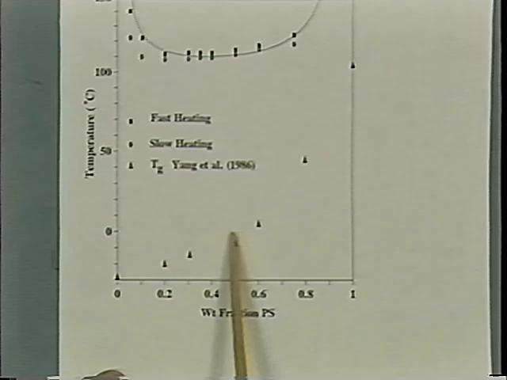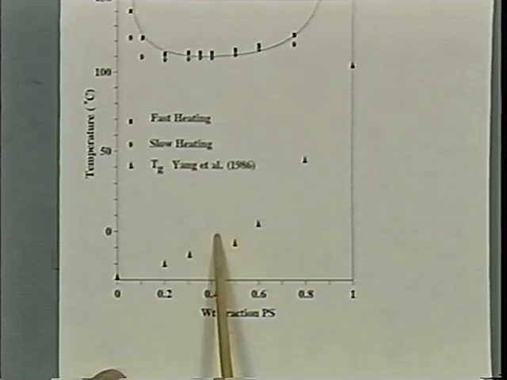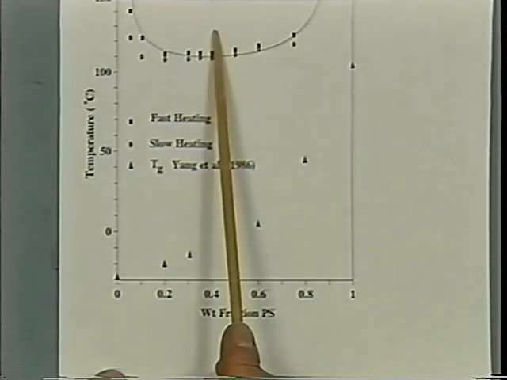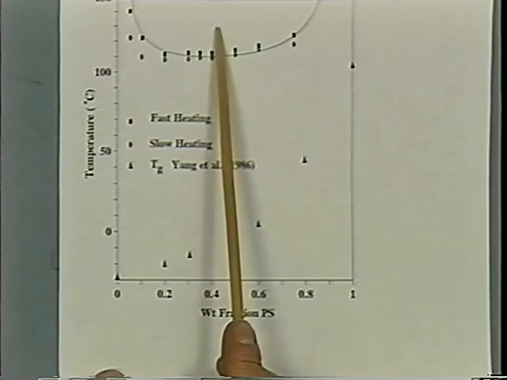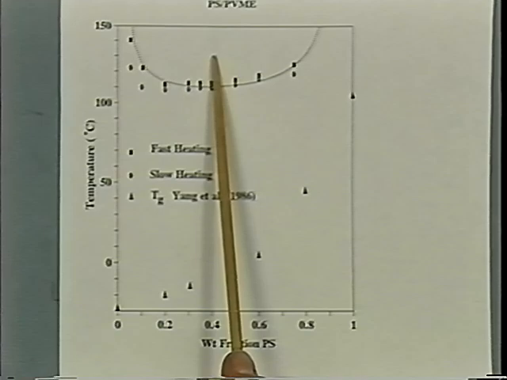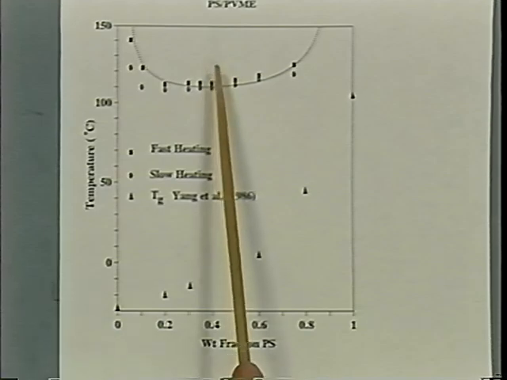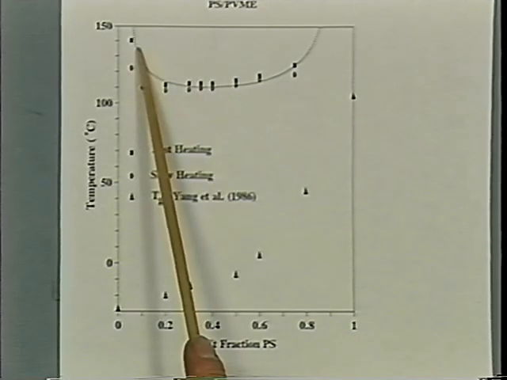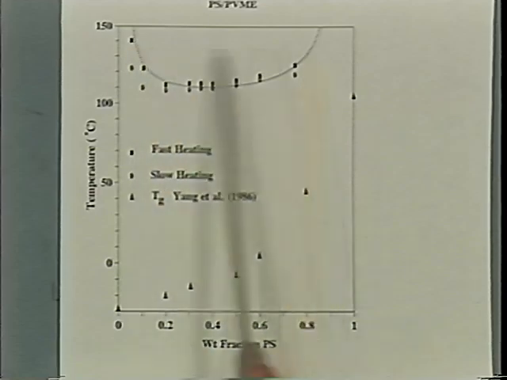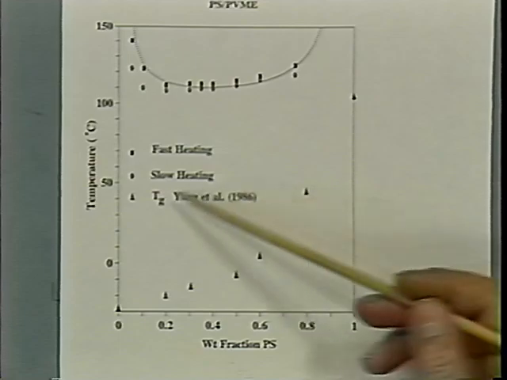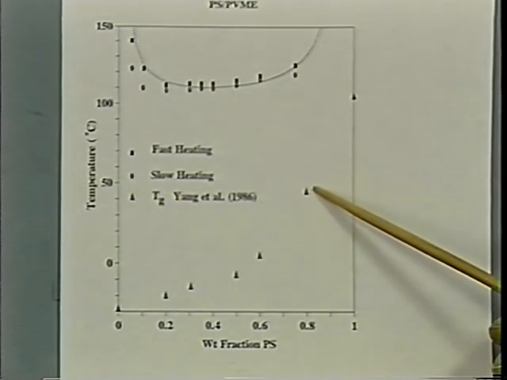This is 0 degrees, so the glass transition temperature is fairly low for most of the samples. However, if you go into the two-phase region, if you quench and go to a higher temperature, quenching is normally associated with going to a low temperature, but let's call this also quenching because we are moving into a region where we are phase separating, going deep into that, and then you separate this material into two components, and one component will be very rich in polystyrene, and that will have a very high glass transition temperature.